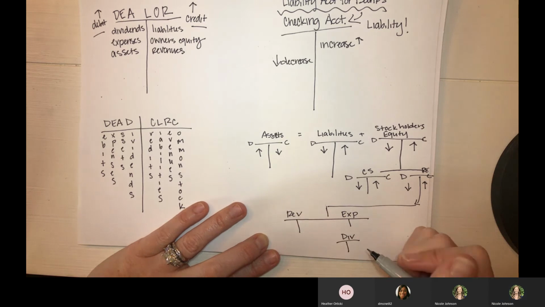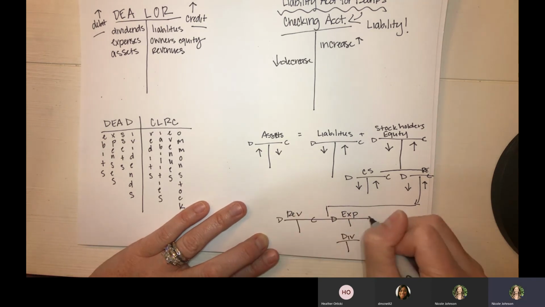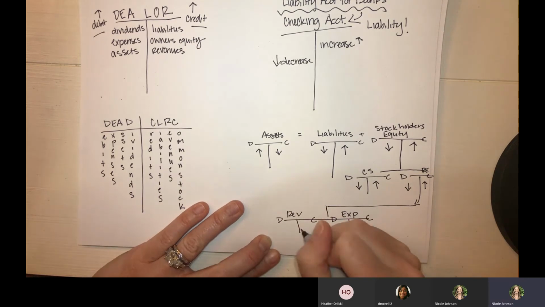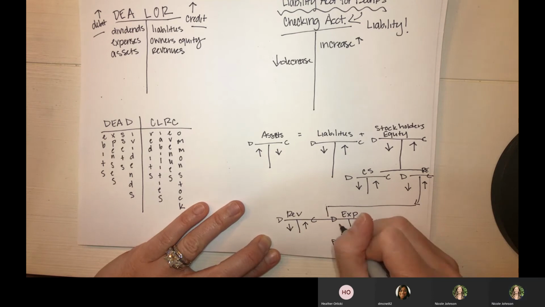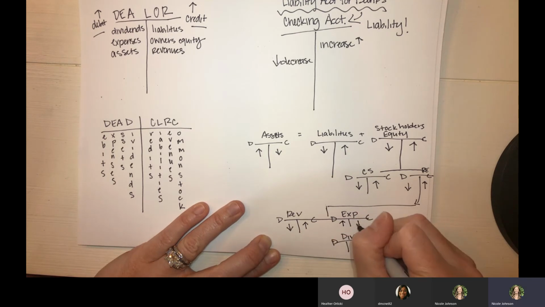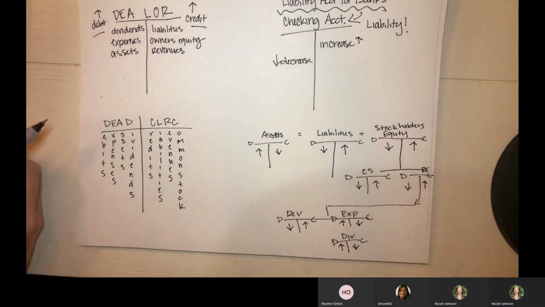So we've got debit, credit, debit, credit. Debits on the left, credits on the right. Revenue increases with a credit and decreases with a debit. Expenses increase with a debit, decrease with a credit. And dividends increase with a debit and decrease with a credit.